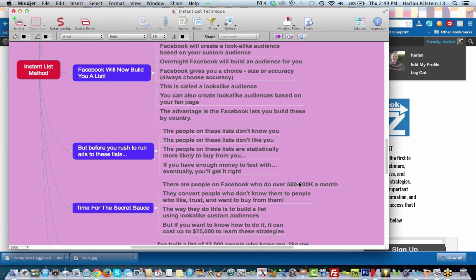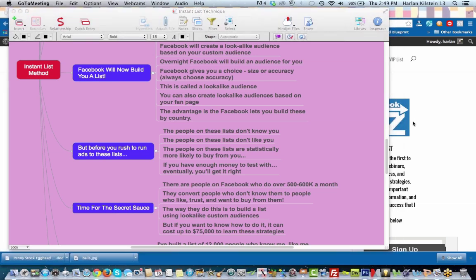However, the people on these lists are statistically more likely to buy from you. And if you do it the way Facebook wants, if you have enough money to test with, eventually you will get it right. And to me, that's not good enough.